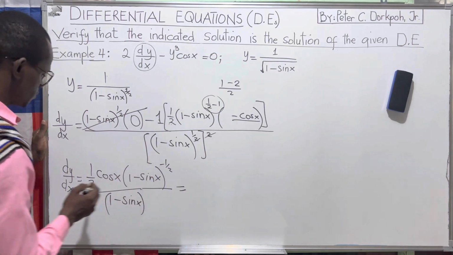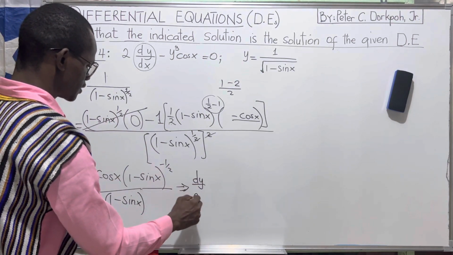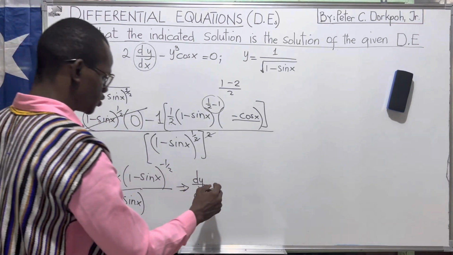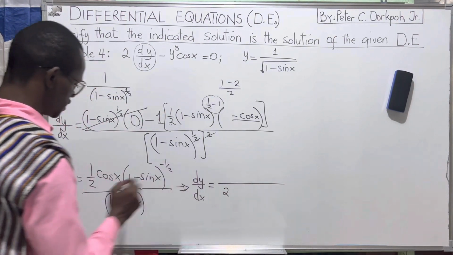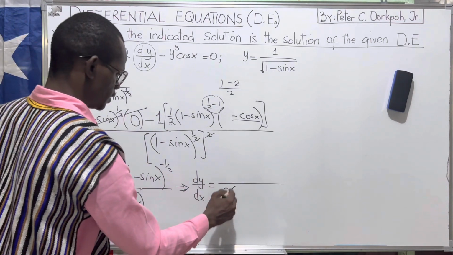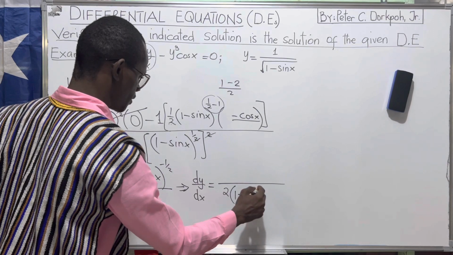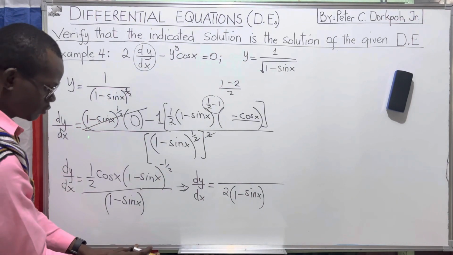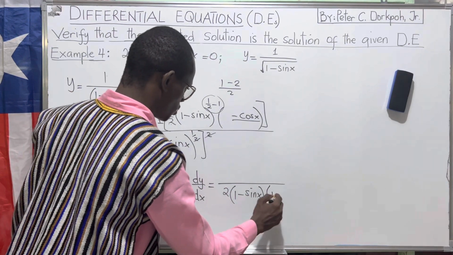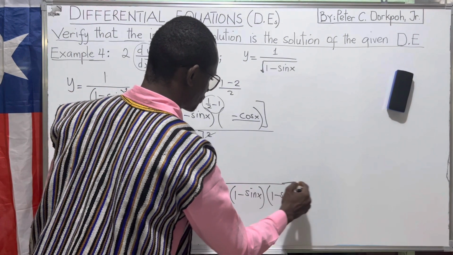So if we further simplify this one, this dy by dx is just equal to, now this 2 is within the denominator. This minus 1 minus sine of x is also here as well. This power is negative, so we send it down. It becomes positive, so it's 1 minus sine of x raised to the power positive half.